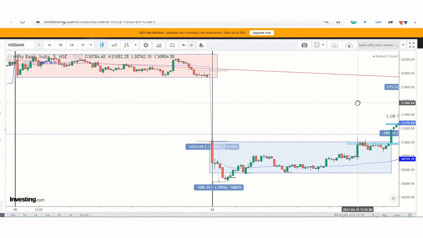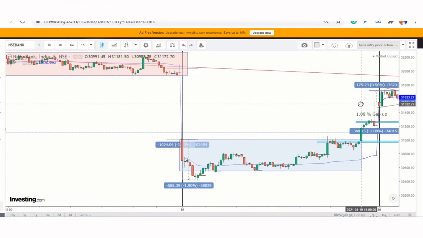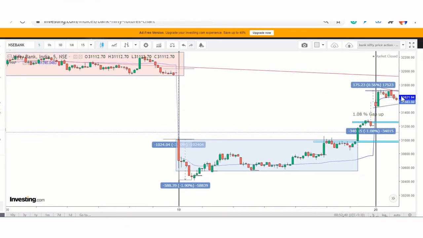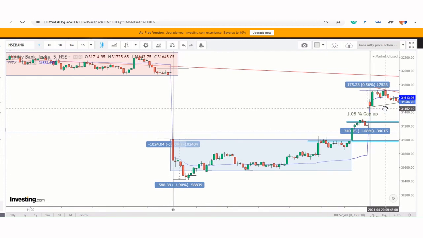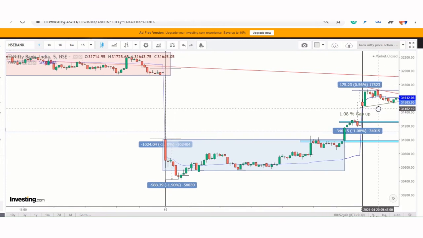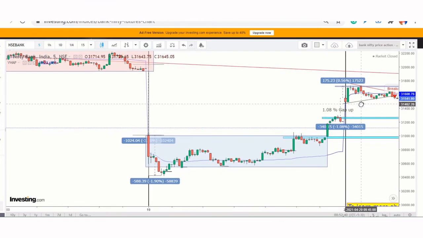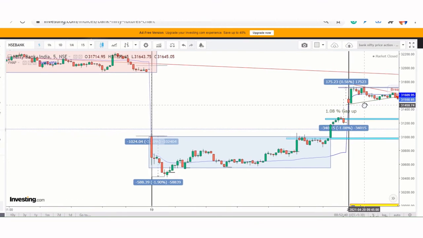Now what we can observe is price is moving in a sideways direction. Okay, and we are seeing the price is facing resistance at the 31,723 level, around 31,700. As the price is moving in a sideways channel, it looks like a triangular pattern. So we can sell.